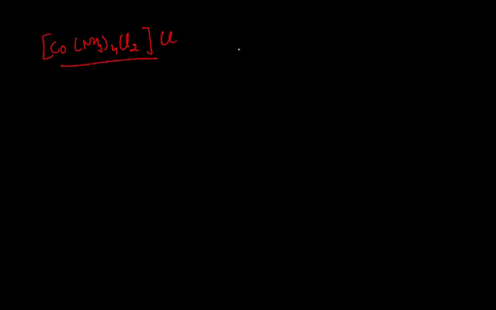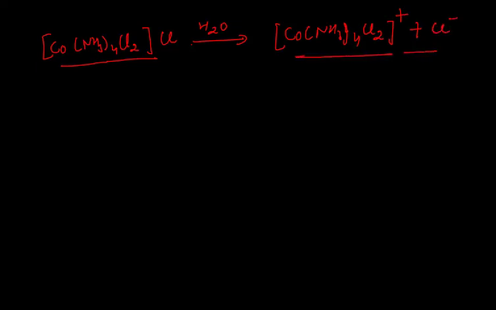Now this is another complex and it is represented in modern terminology. It will ionize in water, resulting in the formation of [Co(NH3)4Cl2]+ plus Cl-. So it will ionize like this.